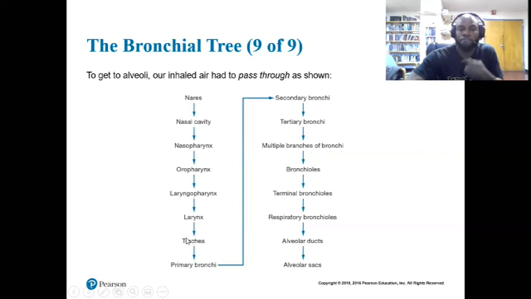The trachea takes inspired air down to our bronchi, primary bronchi go into the left and right lungs, secondary bronchi split further, tertiary bronchi split even smaller.